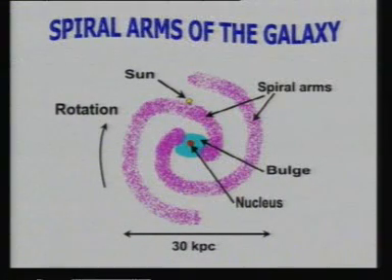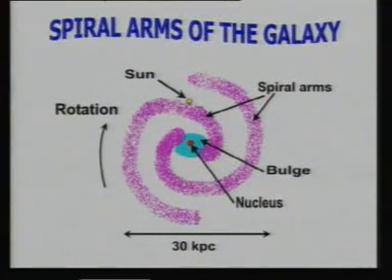The spiral arms are the areas where new stars are formed, where there is a lot of gas, a lot of dust, and huge molecular clouds which produce new stars, and these new stars are found in spiral arms. Now, if we allow these spiral arms as they are, then differential rotation of the galaxy would wind them up in a very short time.